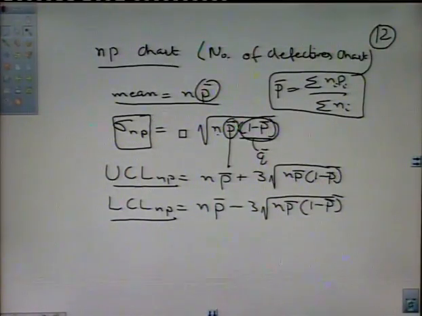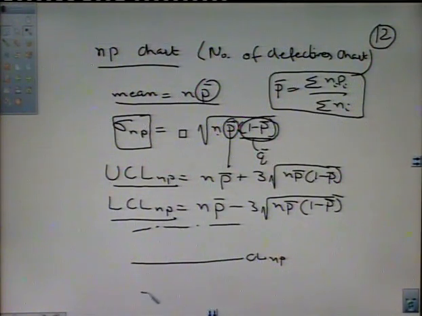The center line will be drawn, of the NP chart. Upper control limit and lower control limit will be marked, and with reference to a particular sample we will be plotting the points of NP. Now, the difference is we are plotting the NP, the number of defectives, and not the fraction defectives, and then finally we are going to join these points by lines.